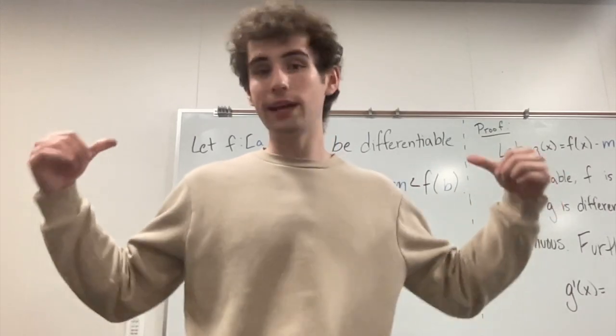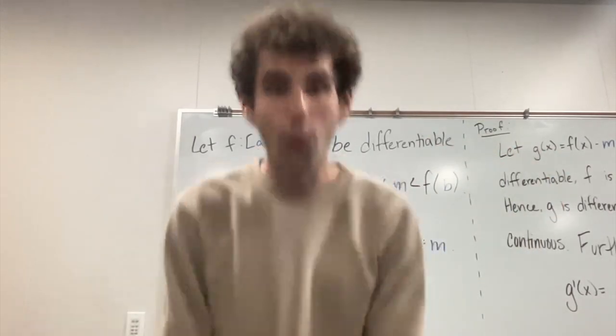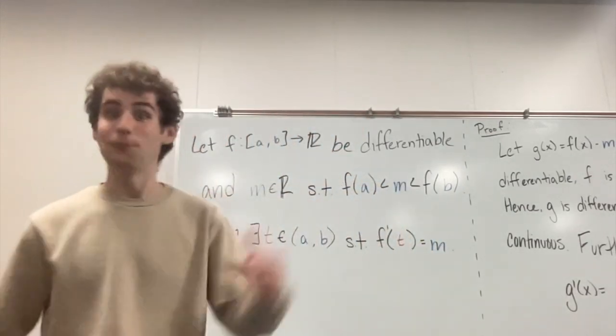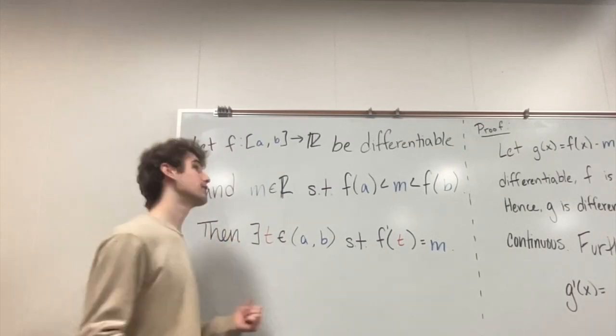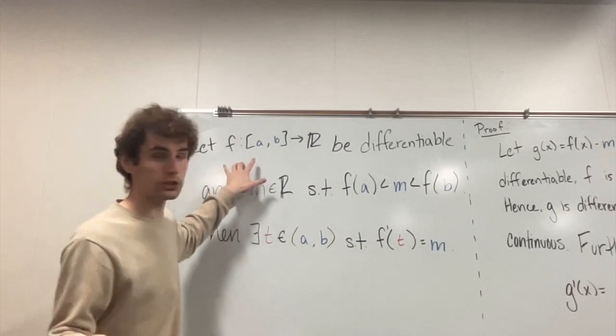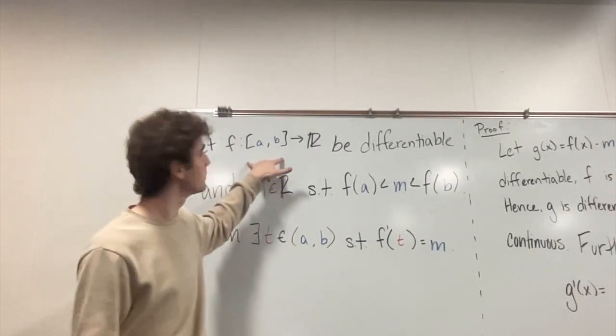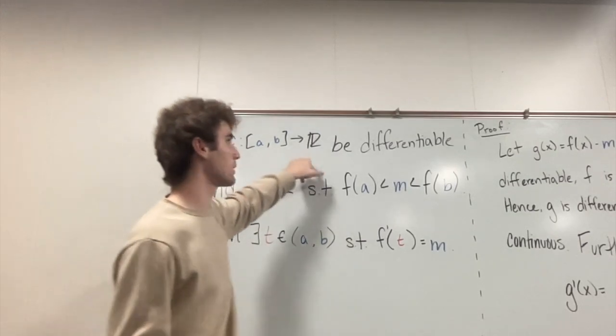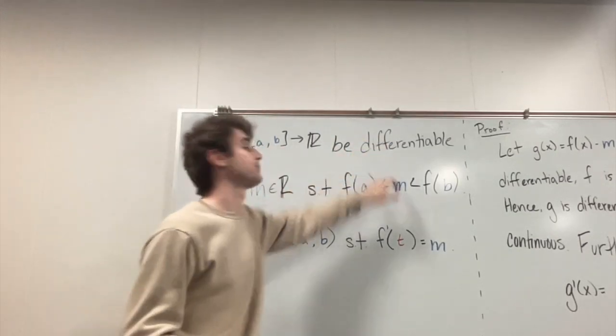And today we're going to be proving the intermediate value theorem for derivatives. What does that mean? I could hear you asking. That's a great question. So, the intermediate value theorem for derivatives states: let f be a real valued function defined on a closed interval from a to b, that maps to the real number line, and it's differentiable.